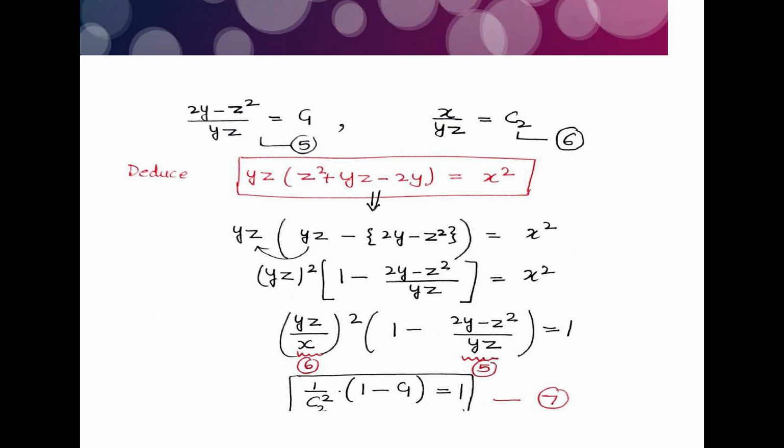The first expression in the bracket is equation number 6, and this is 1 by C2, its whole square. And in the second bracket we have the fifth equation, same expression. So if C1 and C2 are related by the relation given by 7, 1 upon C2 whole square into 1 minus C1 equal to 1, this is the required relation between C1 and C2.